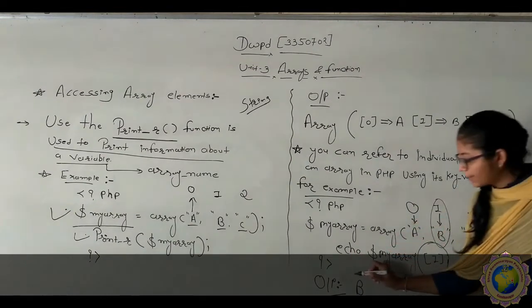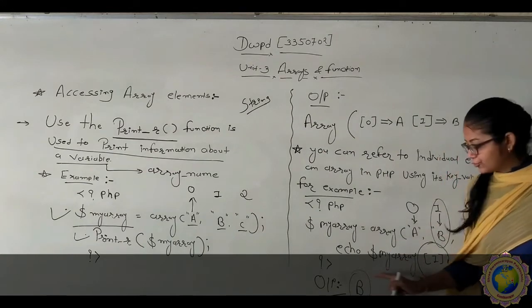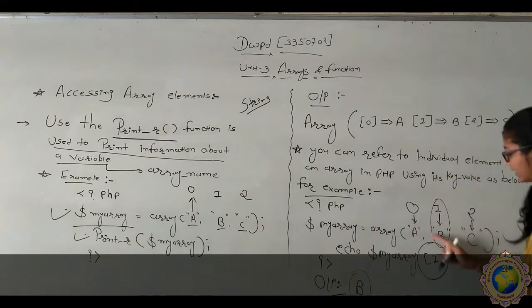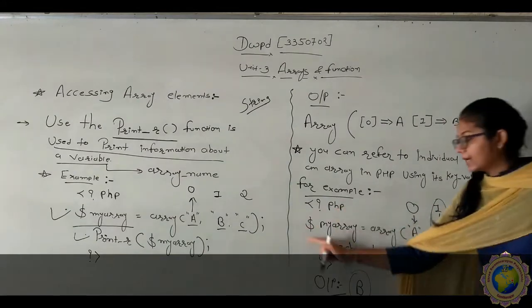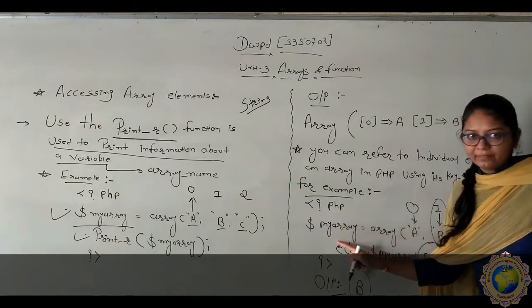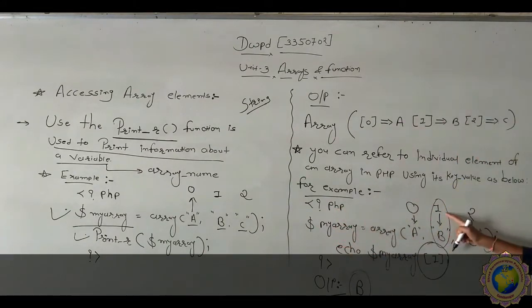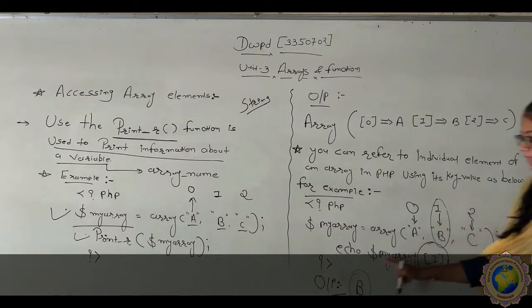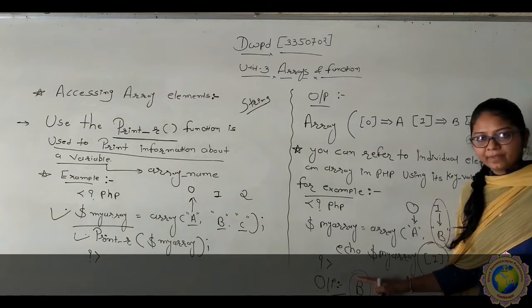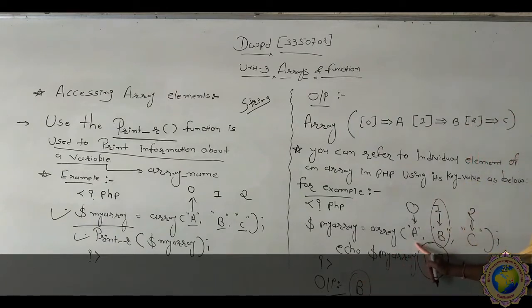So the output will be B. B is the value of our array declaration, and B is contained in memory at index 1, so the output is B. Here we will not get A in the output. Why?